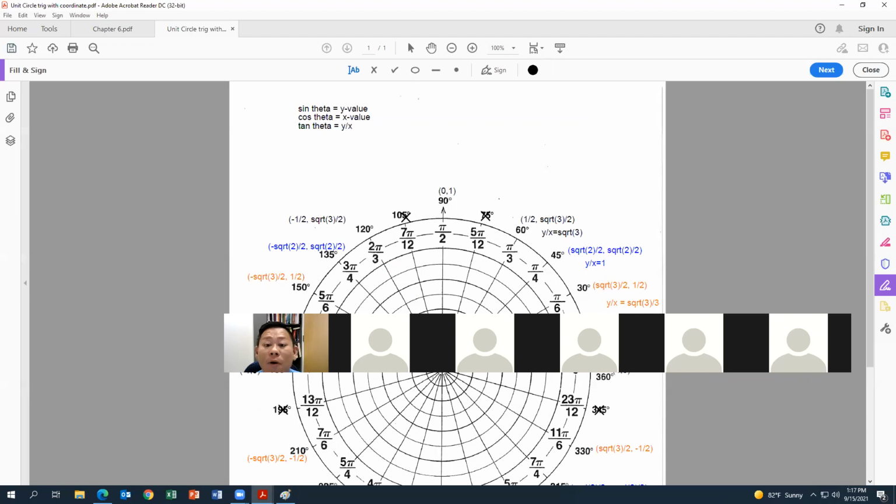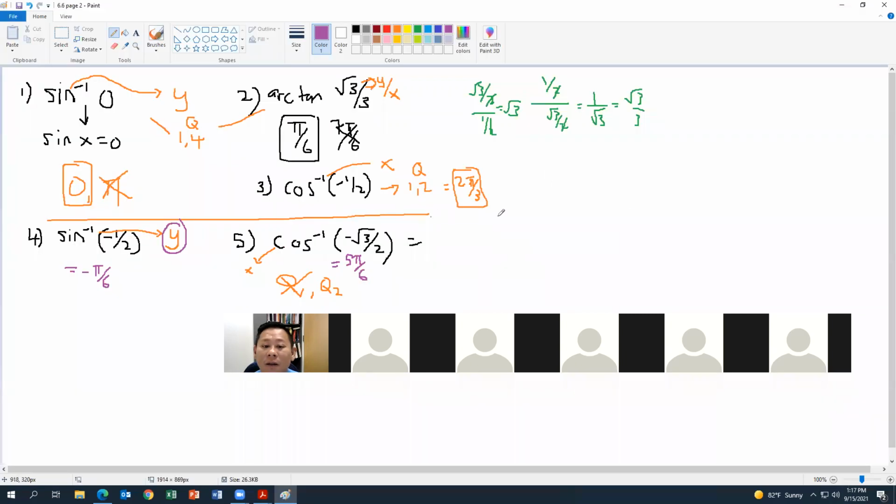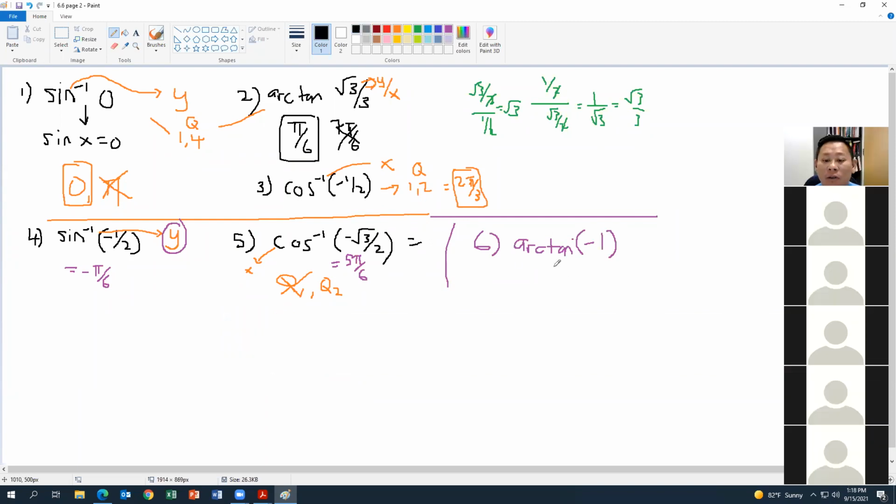All right, one more. What is the arctangent, which is the same as the inverse tangent, of negative 1? Can someone tell me what quadrant this should belong to? 1, 2, 3, 4.